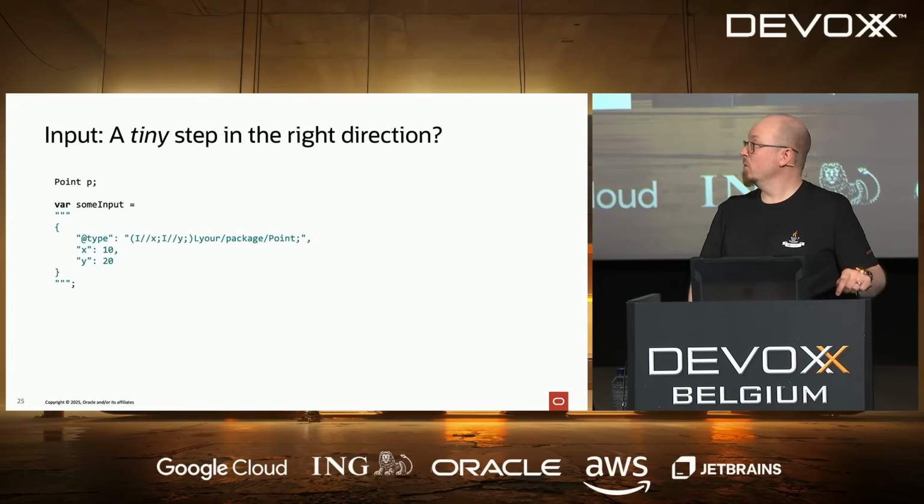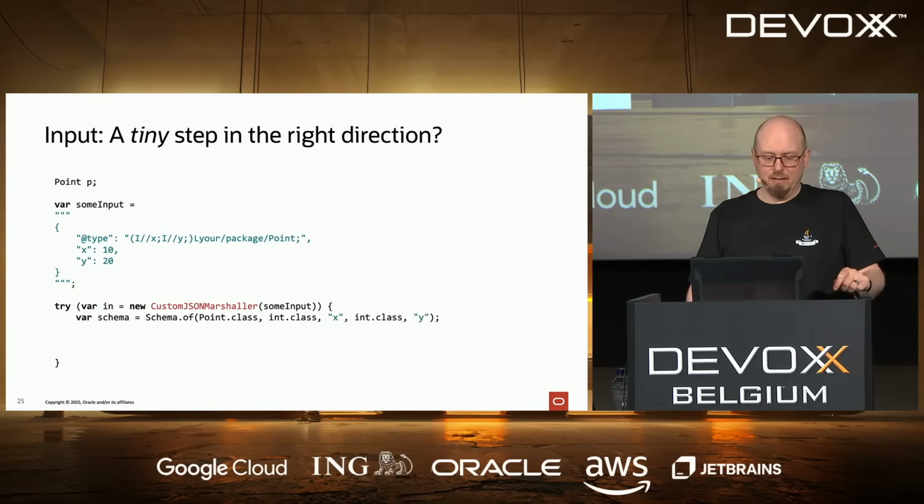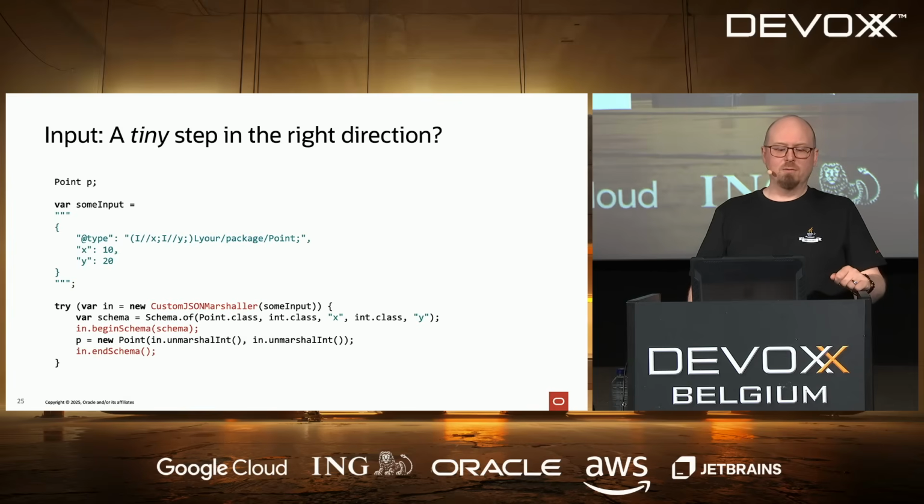And on the other side, of course, if we have this payload and we want to unmarshal it manually, then we would say that now we need a custom JSON unmarshaller. There's a typo. Nice to find that now. And we would essentially do this in reverse, right?